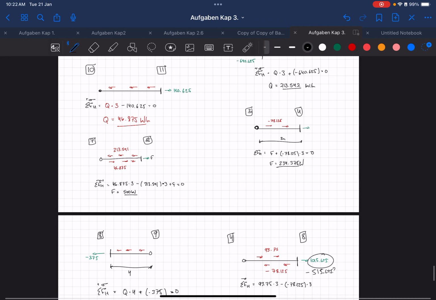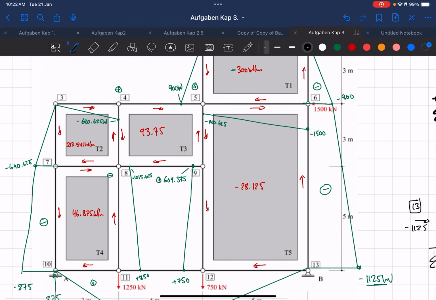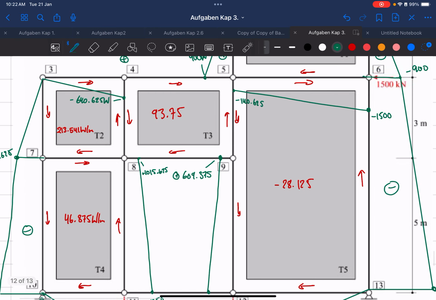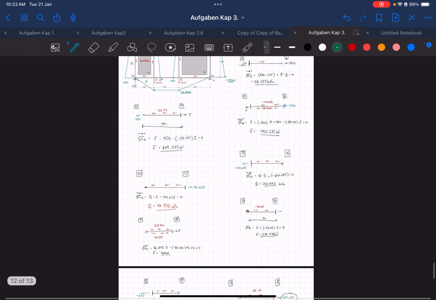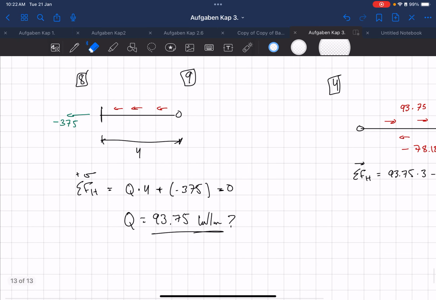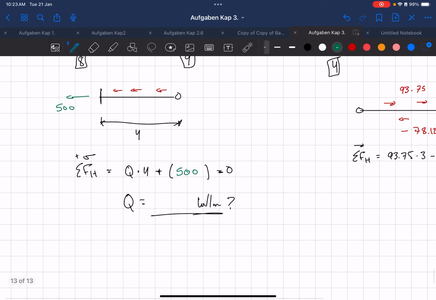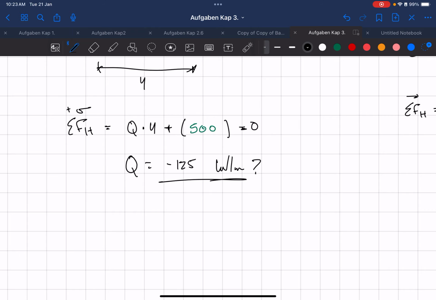Positive. So that means I get a positive 500, and 8 to 9 is then, where is that? A positive 500 here, which means Q times 4 plus 500. Pretty sure. Four x plus 500 equals 0, so minus 125 kilonewton per meter.